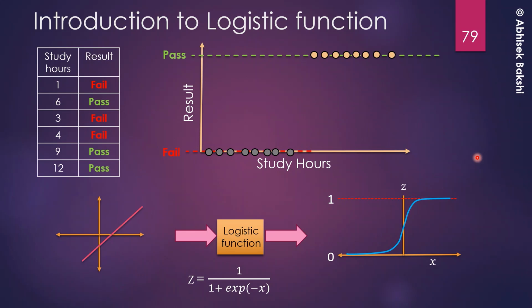If you apply plus infinity on x, you will find the value becomes 1. It's very close to 1, but it never exceeds 1 and never goes below 0 as well.